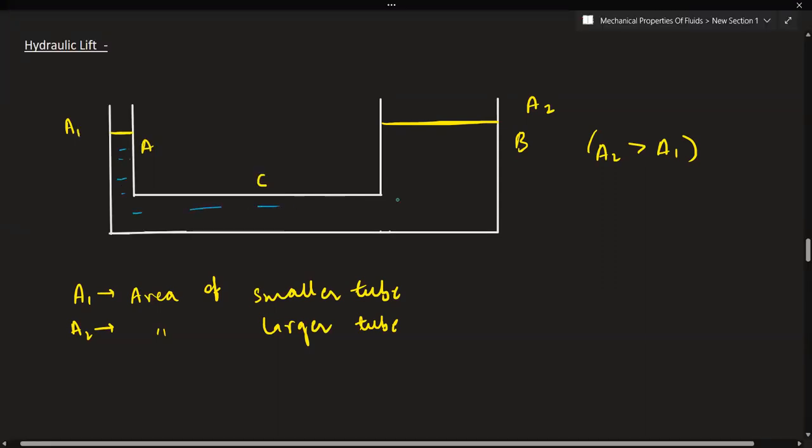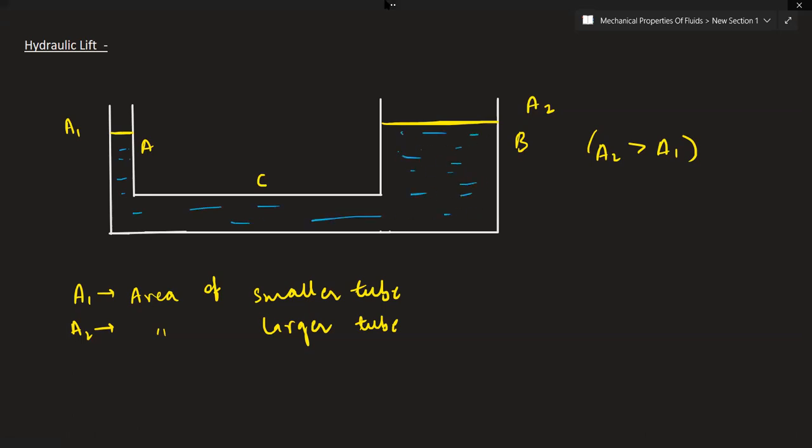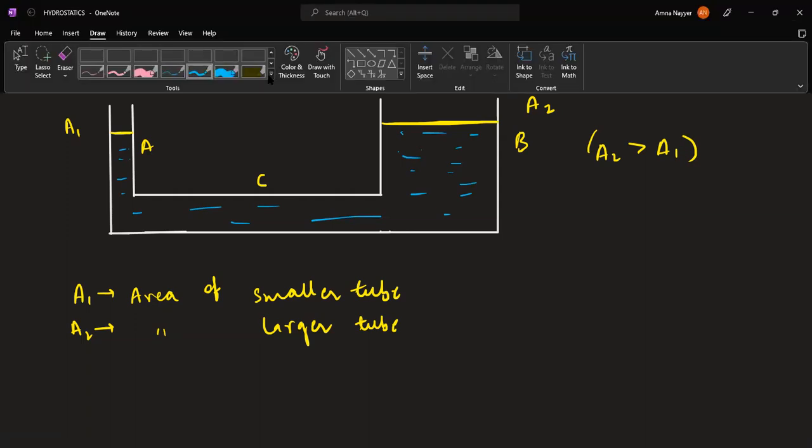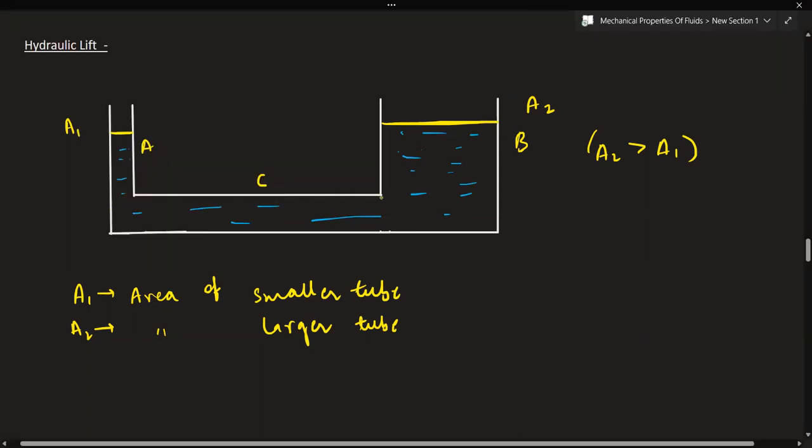The load to be lifted is placed on the cylinder having larger cross section area. When we have to lift heavy objects like a car, the load is placed in the cylinder having the larger cross section area. And the lifting force is applied at the smaller cylinder of the smaller cross section area, A1.